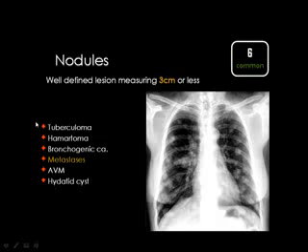I select the most common pathology appearing in the lung as a nodule, and they are 6. And I will let you suggest any more categories underneath this title. First, we have the tuberculoma, the hamartoma, the bronchogenic carcinoma, the metastasis, the pulmonary arteriovenous malformation, and the hydatid cyst.